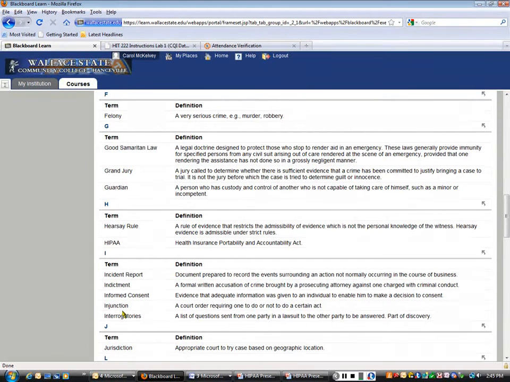An injunction. An injunction is a court order, an order given by a judge requiring one to do or not to do something. So injunctions are given maybe to tell someone you cannot do this particular thing prior to this trial, or that you must do certain things prior to a trial.